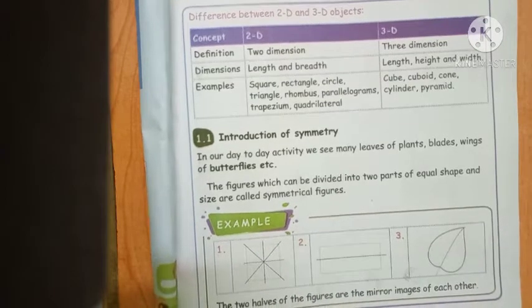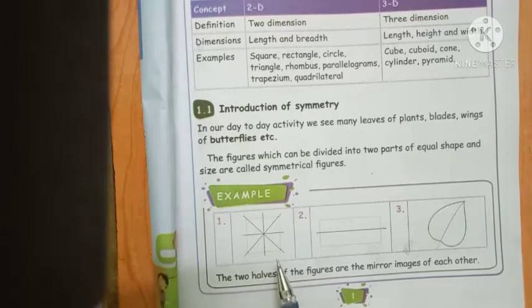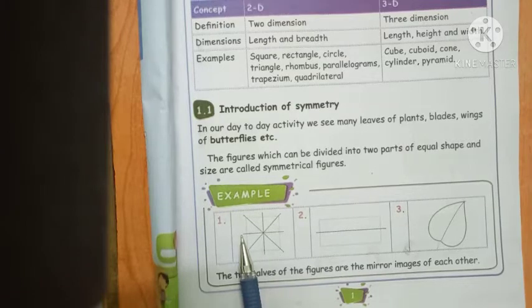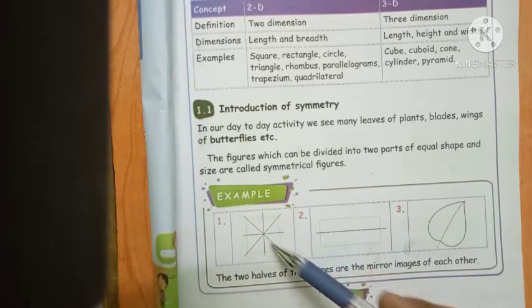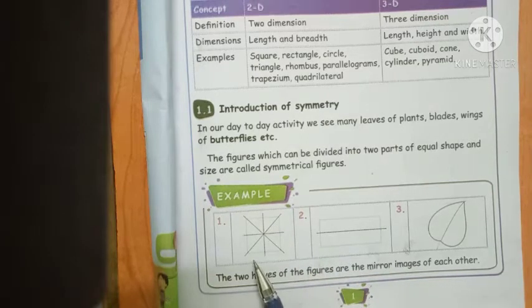Here the examples taken are square, rectangle, then leaf. So draw the line and cut the figure. For the square, use a straight line or cross diagonals to cut the shape. Rectangle, you cut. Leaf, you cut the leaf.